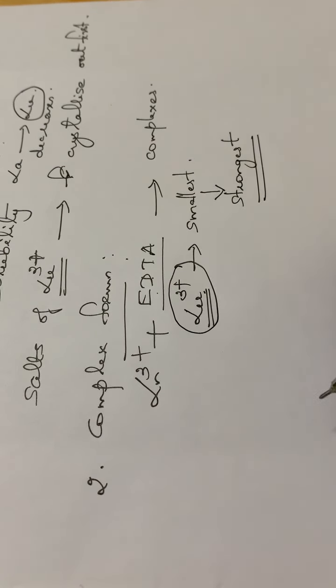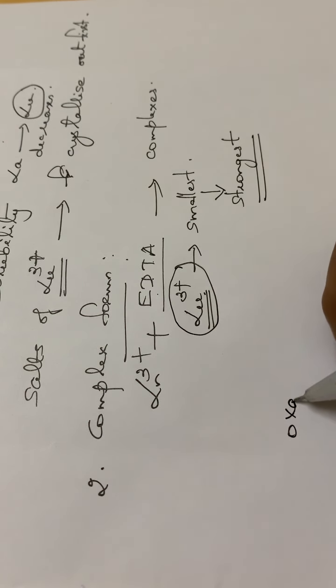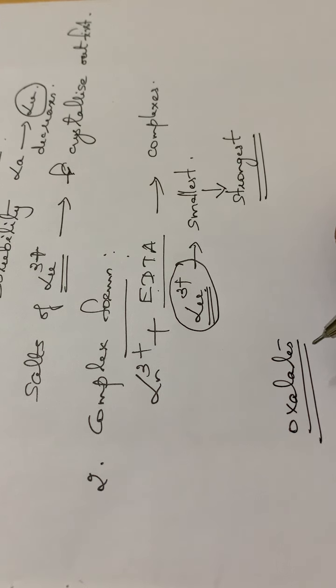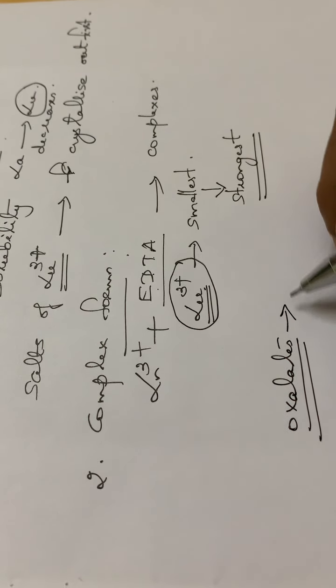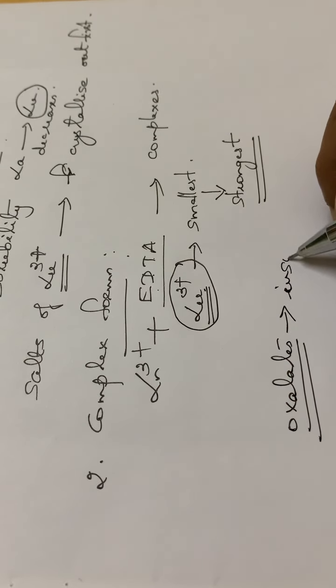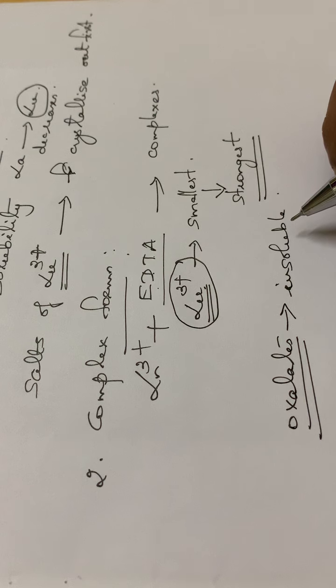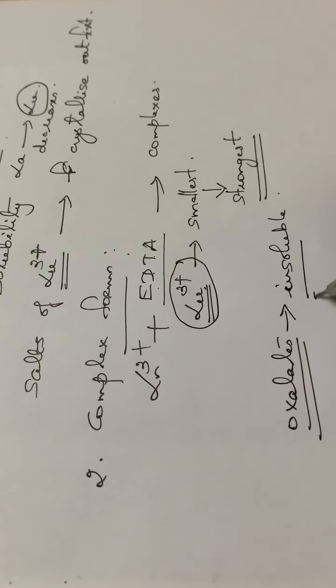Then, usually these lanthanides can be converted into the oxalate forms, and as you know, oxalates are normally insoluble in water, isn't it? While complexing with EDTA, the oxalate ions do not give a precipitate.